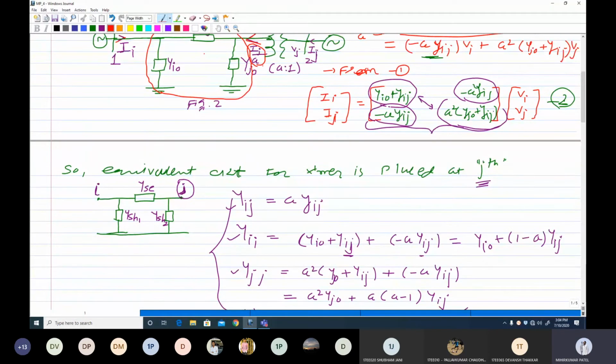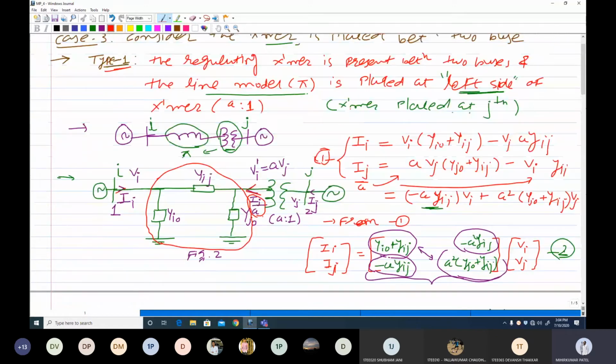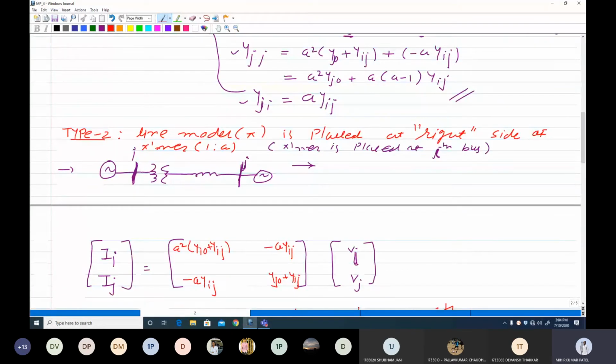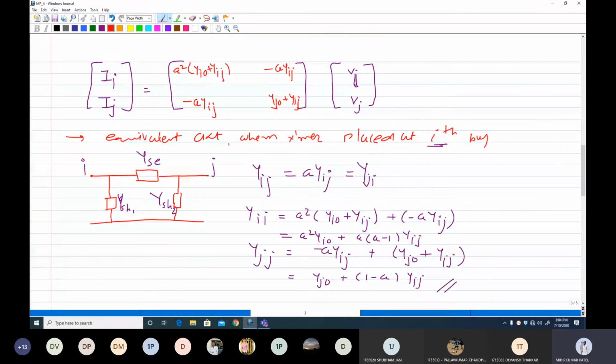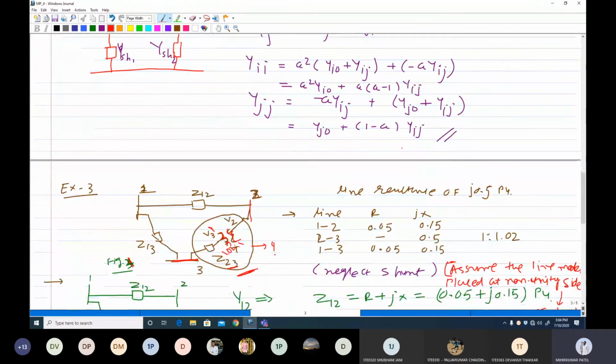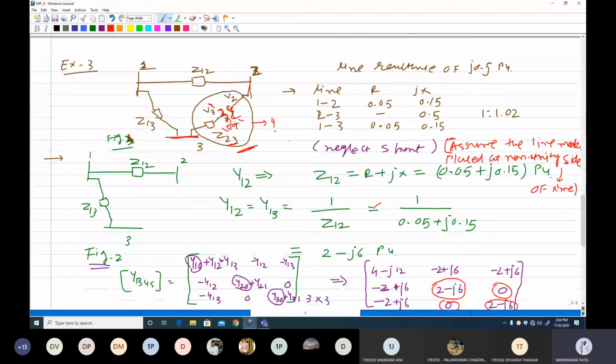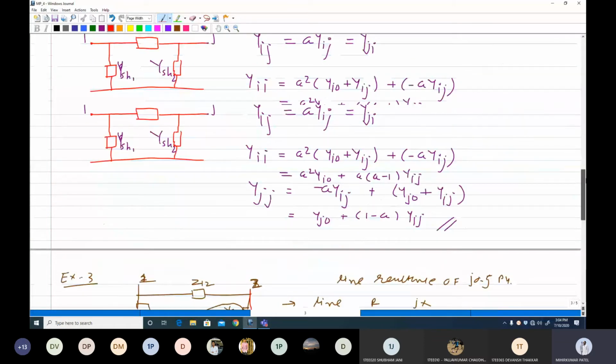Ith bus or jth bus? Transformer is on the jth bus. Okay. Don't get confused, just see the theory again. Let me explain again.